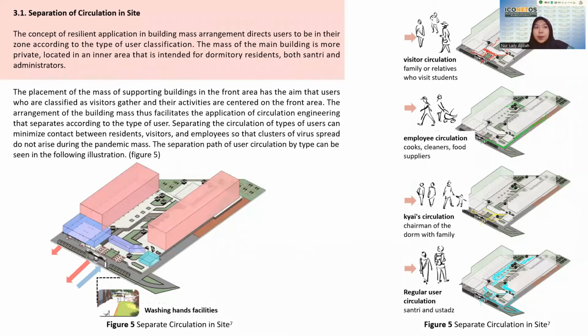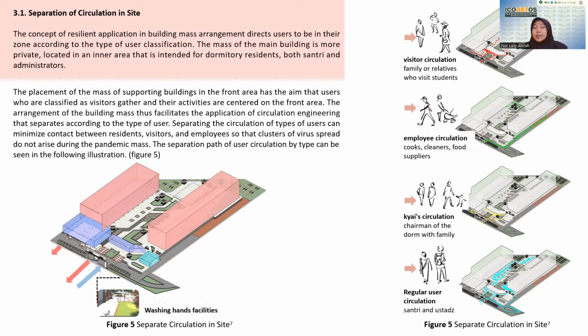The first point is separation of circulation inside. Inside, the circulation is divided into 4 according to the different kinds of users. There are visitor circulation, employee circulation, KI circulation, and the last is regular user circulation.